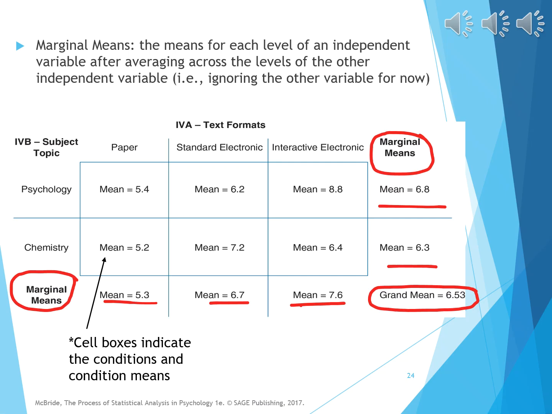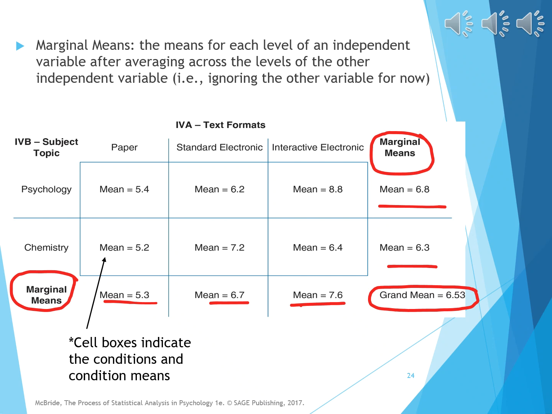Like I said, we split those 180 students into 6 different mutually exclusive conditions. There are no participants that are in multiple of these conditions. We've got 30 people in the upper left box that has a mean equal to 5.4.